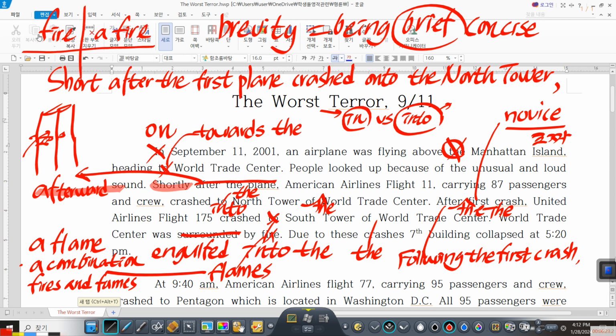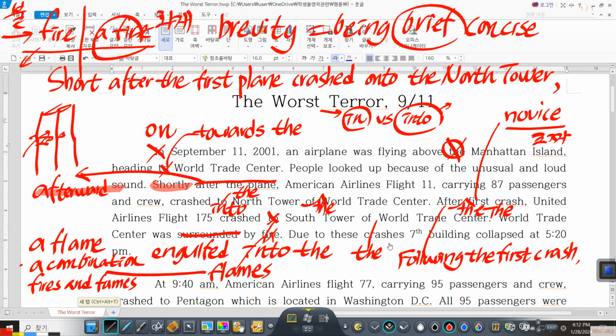What is the difference between the word fire and a fire? This is the fire, the chemical or physical reaction of an object losing its electrons. Okay? Losing electrons, what happens? There's sparks. There's fire. But what about a fire? This is an event. 사건, like a 화재. Okay? 화재. A fire, just 불. That's fire. You get it? So engulfed by flames.